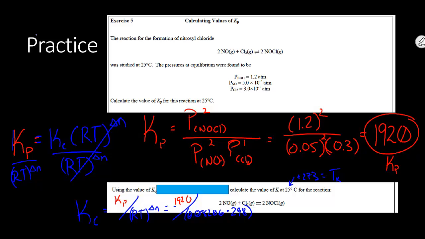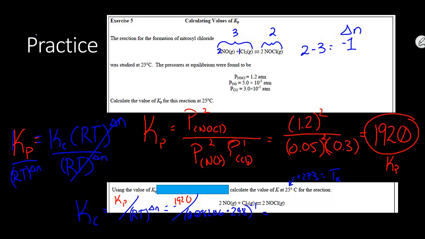So that expression we are going to raise to the change in moles. Our reactants contain 3 moles. Our products contain 2 moles. It's products minus reactants. So our change in moles is a -1.